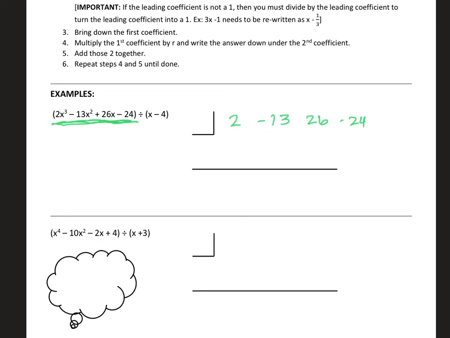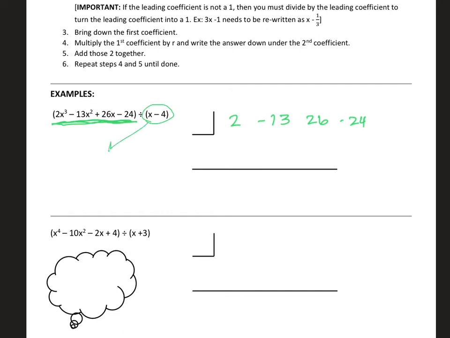All right, next, what goes in this box right here is going to be the solution of this factor, okay? So pretend, and the reason I'm using solution is because, guys, we're going to use synthetic division a lot when solving polynomials, and guess what's going to go in this little box here? It's a solution. So I'm just trying to use words that hopefully will connect in later little sections that we go over, okay?